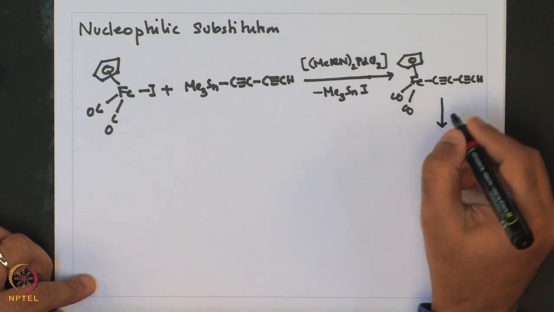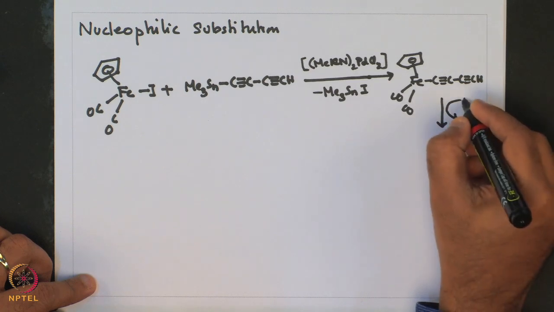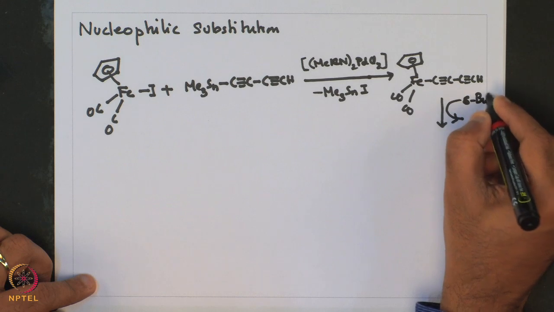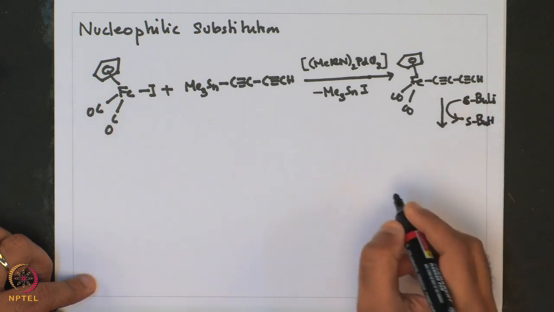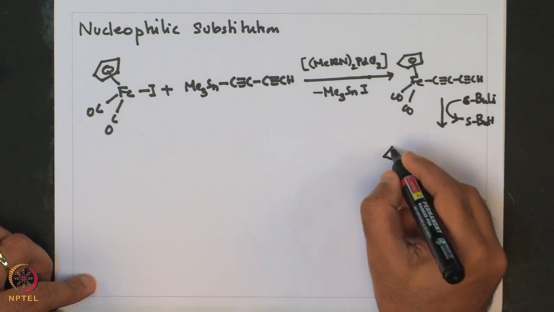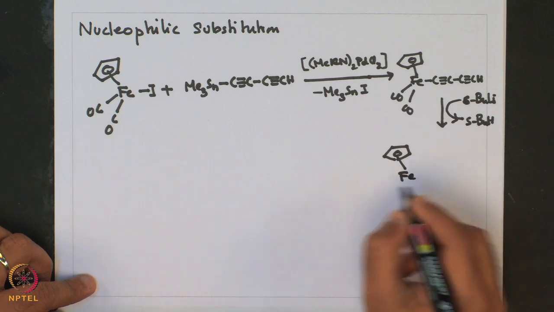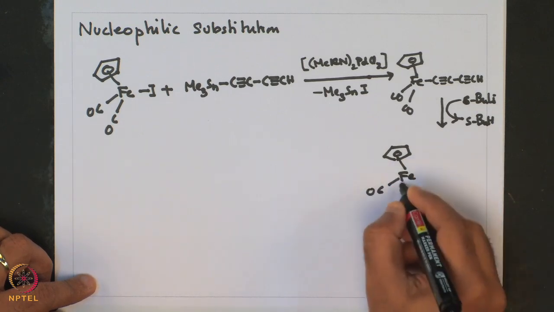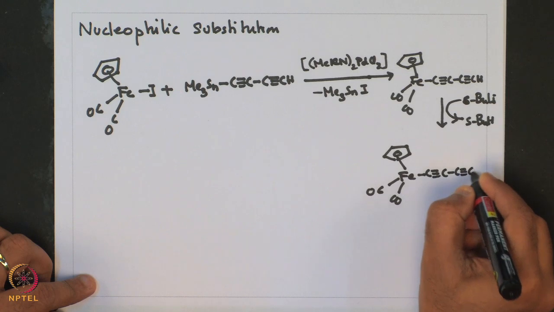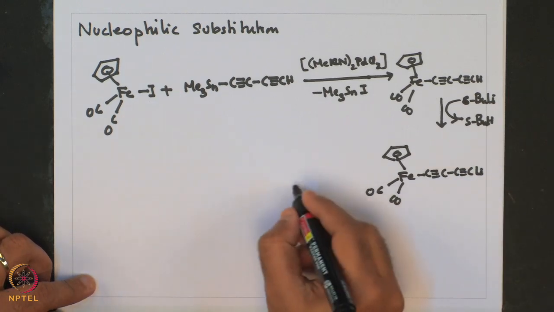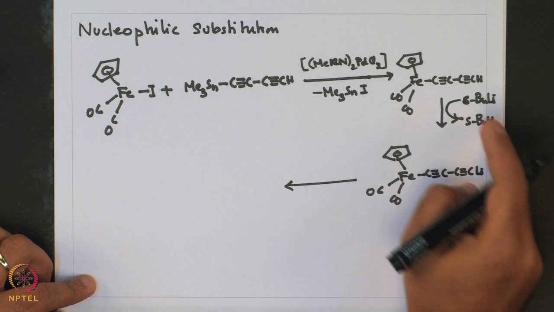that in presence of butyl lithium eliminates butane, giving this lithiated complex, in which the hydrogen has been replaced by lithium by treatment with butyl lithium.